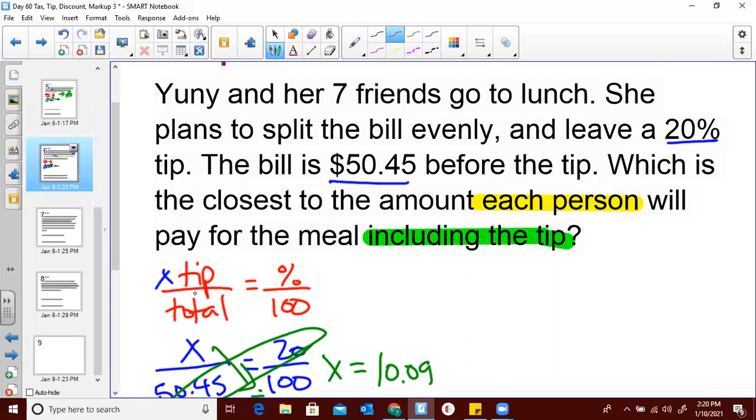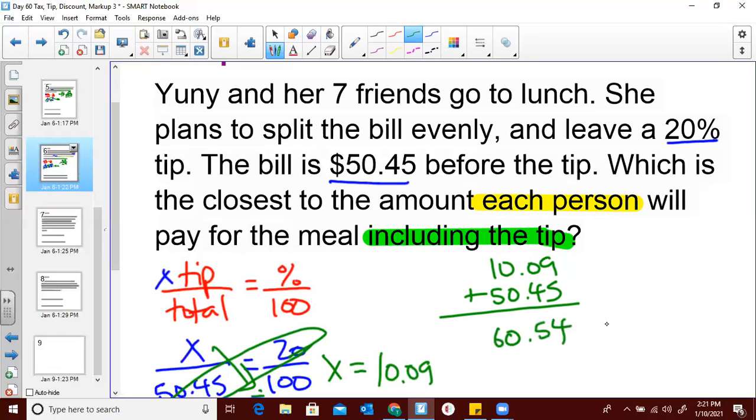So we're going to have to add our tip and total. That's $10.09 for the tip plus our total, which was $50.45. And that's going to equal $60.54. So this is our total with tip.